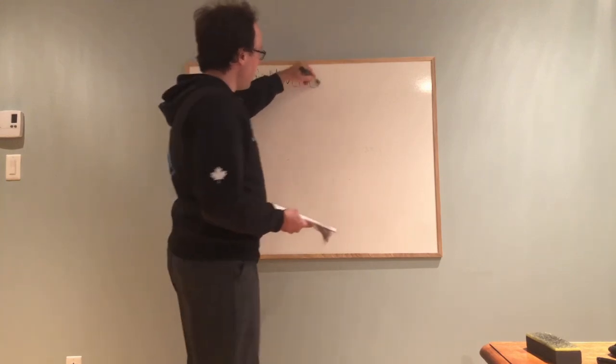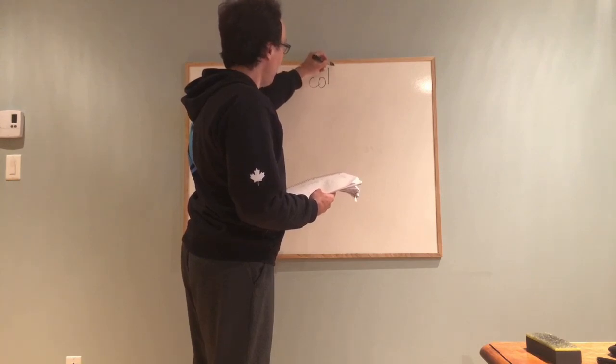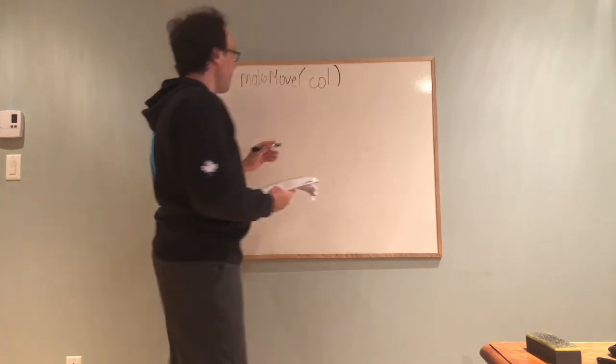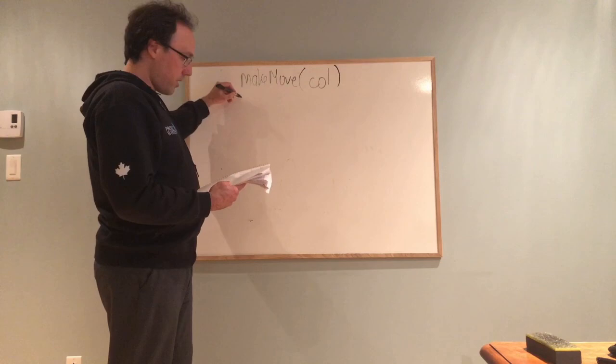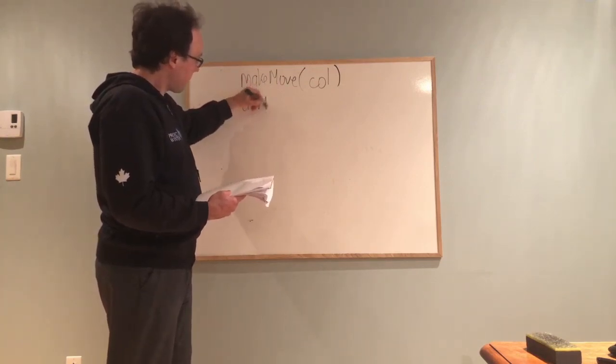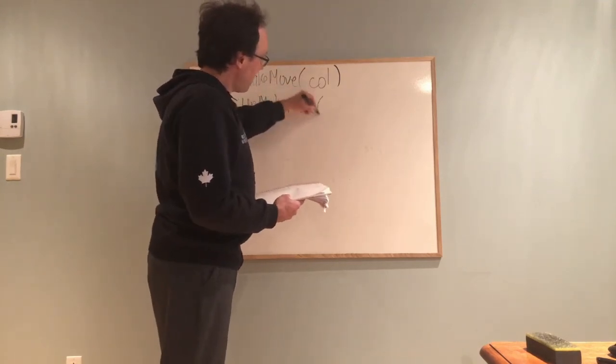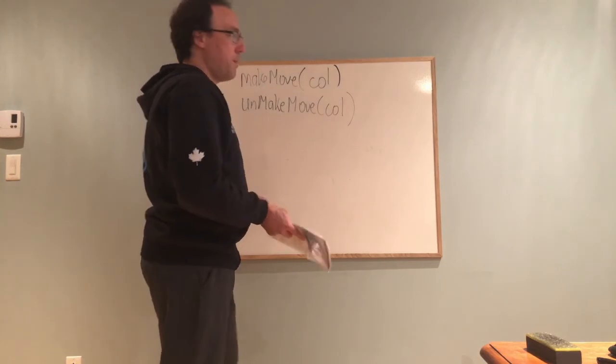and I'm going to be passing in a column value to makeMove. Okay, that's going to be its parameter. I'm also going to make one called UnmakeMove. And I'm going to be passing it the column I want to unmake.